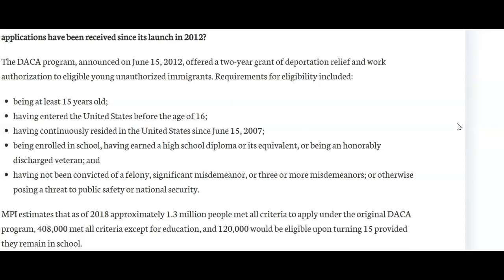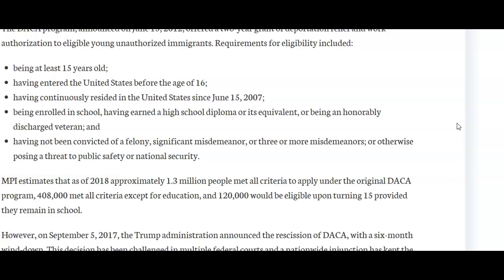Requirements for eligibility included being at least 15 years old, having entered the United States before the age of 16, having continuously resided in the United States since June 15, 2007, being enrolled in school, having earned a high school diploma or its equivalent, or being an honorably discharged veteran, and having not been convicted of a felony, significant misdemeanor, or 3 or more misdemeanors, or otherwise posing a threat to public safety or national security.